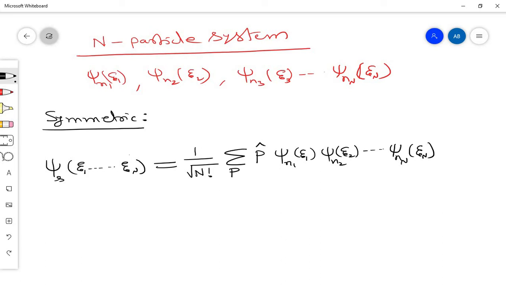So what about the anti-symmetric wave function? The anti-symmetric wave function is directly a determinant.